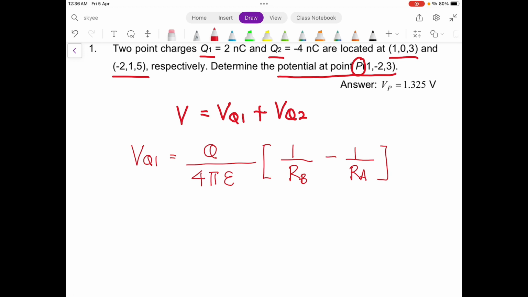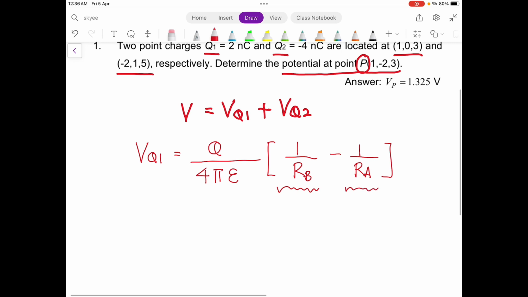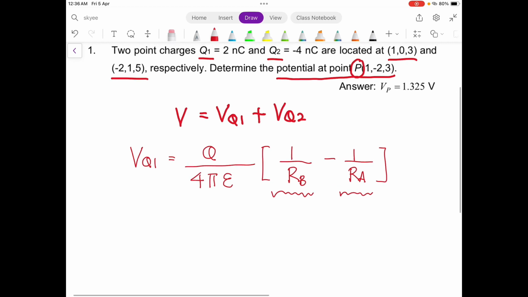As I explained earlier, the potential difference represents the difference of voltage between 2 positions, position B and position A. Position A is at infinity. So in this question we assume V infinity equals 0, so we will not consider this part. We will just consider the RB, the VB.